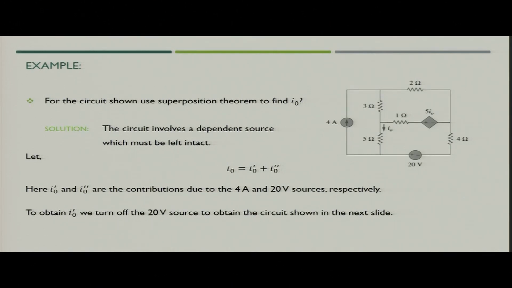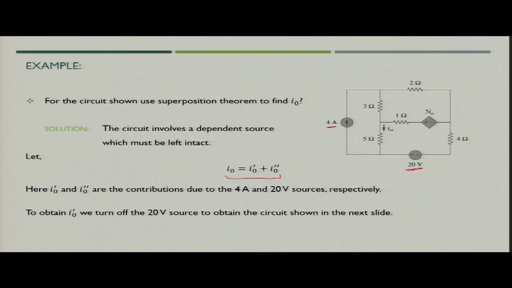Now, let us take a slightly more complex problem where you have one dependent voltage source in the circuit. So, now you have to apply the superposition theorem. Here you will see that you have one current source, one voltage source, and your objective is to find out the value of current I naught which is flowing through the 5 ohm resistance.